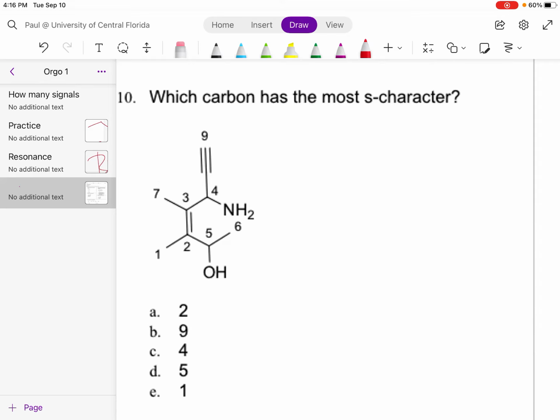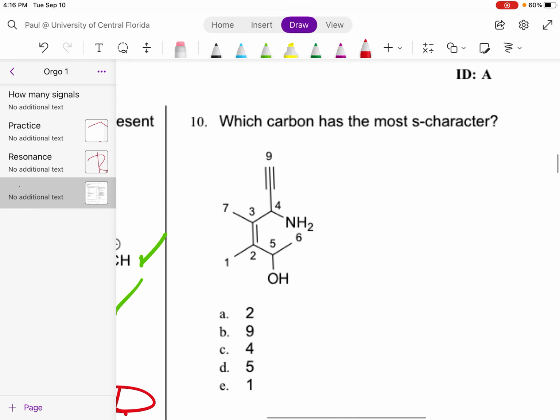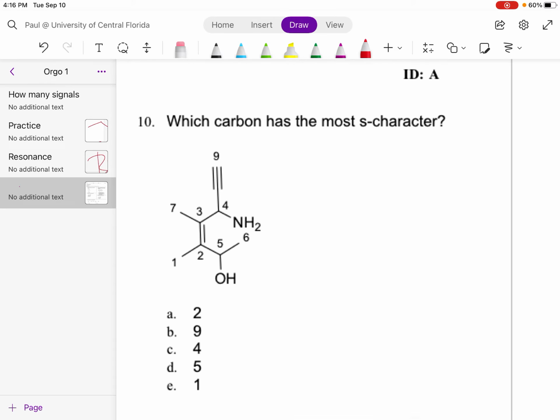Which carbon has the most S character? Now when we're talking S character, and we look at the electron configuration for a sp3 hybridized carbon, let's say, what does that mean? We have gone from the ground state. The ground state electron configuration would be a 2s and a 2p.